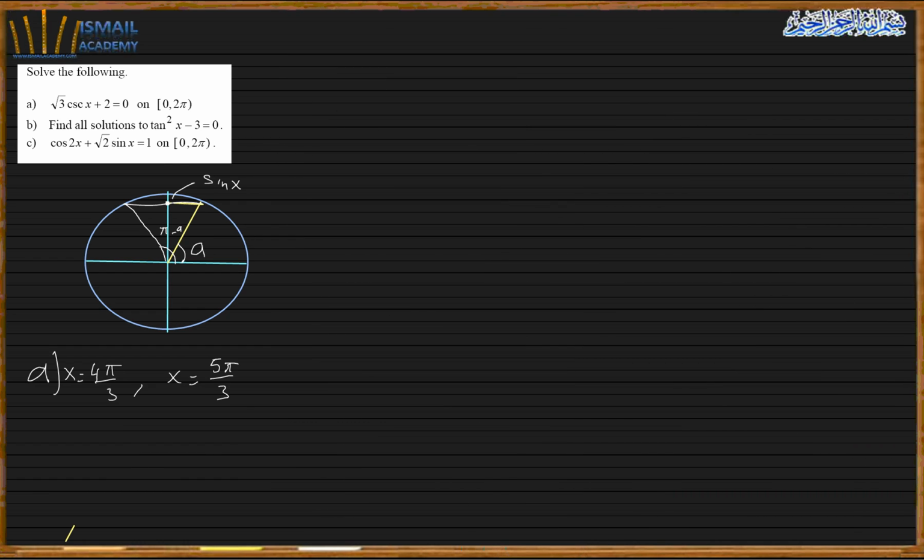So here we have tangent square x minus 3 equals 0. So I'm going to factor this. So this is the same thing as tangent x minus square root of 3 times tangent x plus square root of 3. You can use that idea, tangent square of x equals 3.